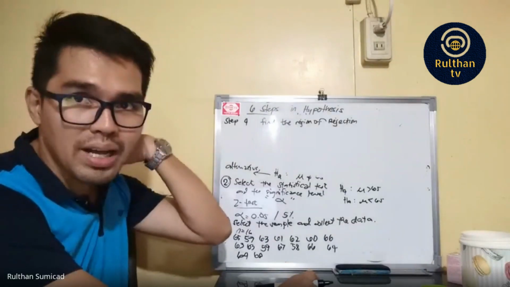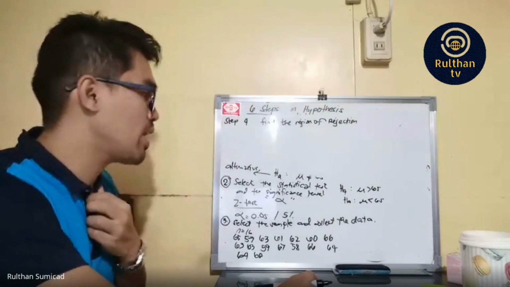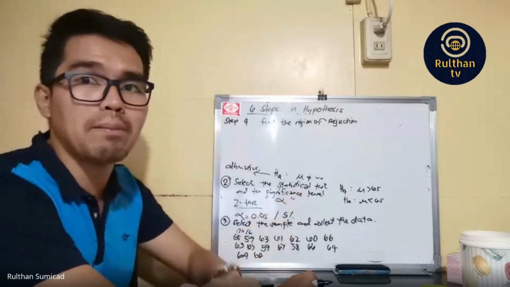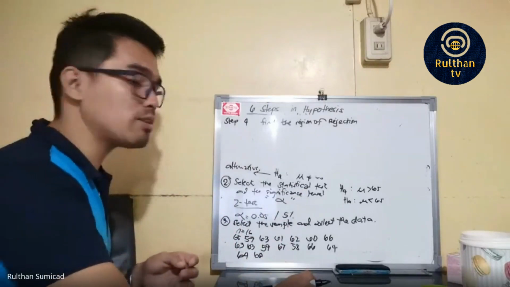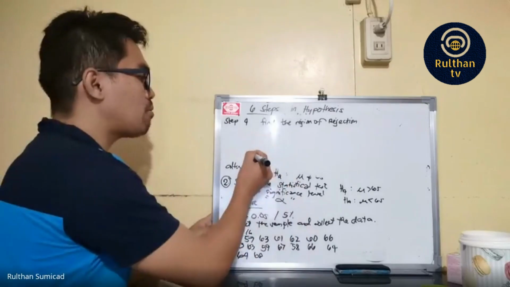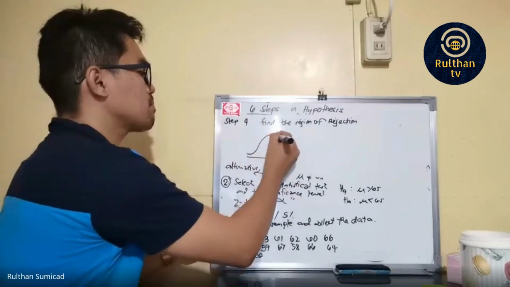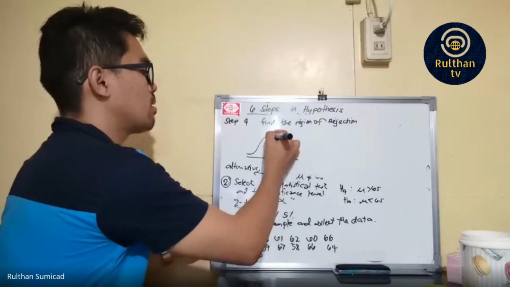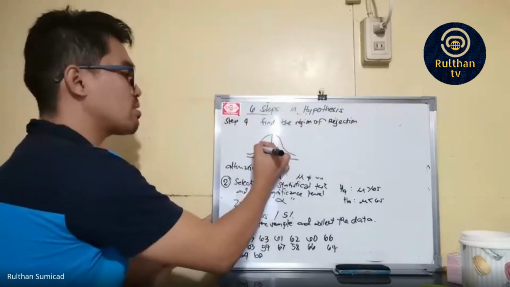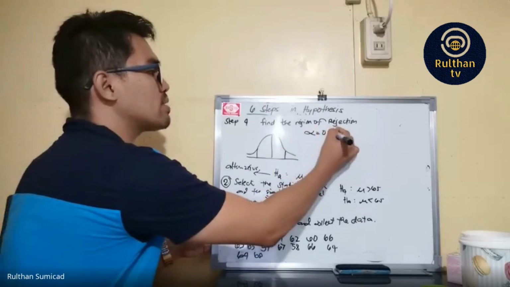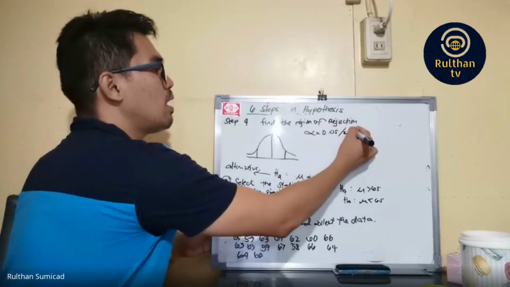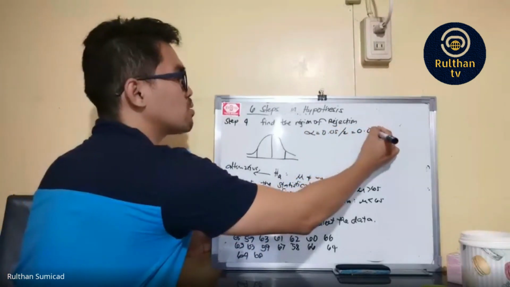Therefore, we are anticipating two rejection regions. We have set our alpha to be 5%; our level of significance is 5%. So now we illustrate the diagram. There are two rejection regions. Since our alpha is 0.05 divided by 2, our answer is 0.025.